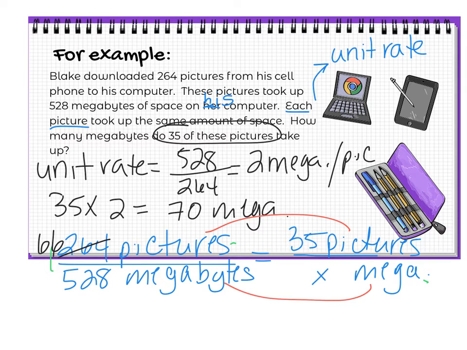And then 4 goes into 5 once. 4 goes into 12 3 times, 132. Okay, so let's see. I can divide both of these by 3.